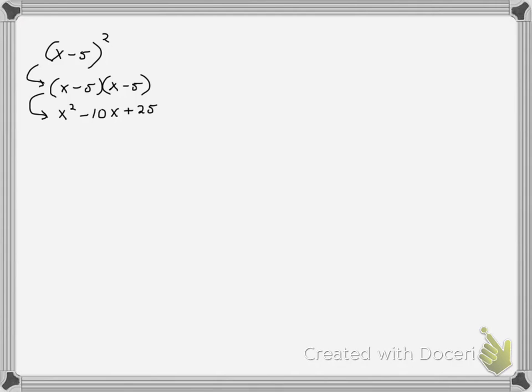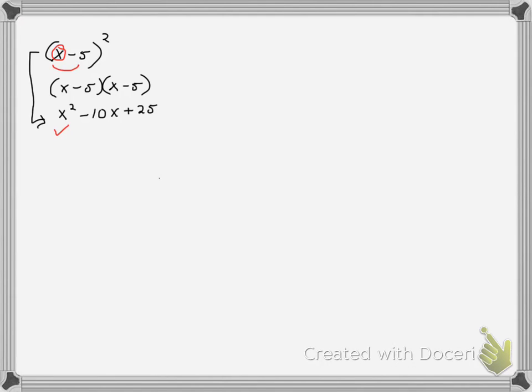But let's look at the pattern that develops. Notice this pattern. Go back to the original. Let's take those arrows away and think, can I go straight from there to there? Well, you can if you think like this. Square the first term and you get x squared.